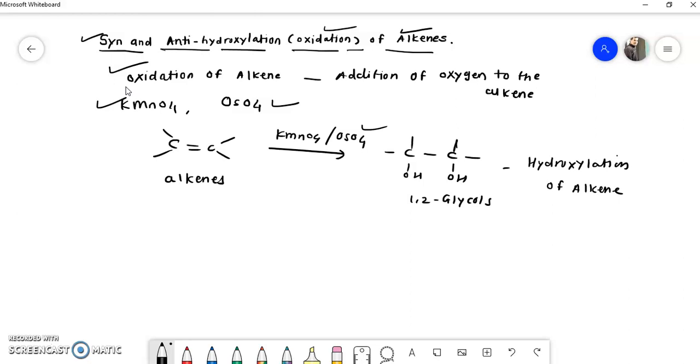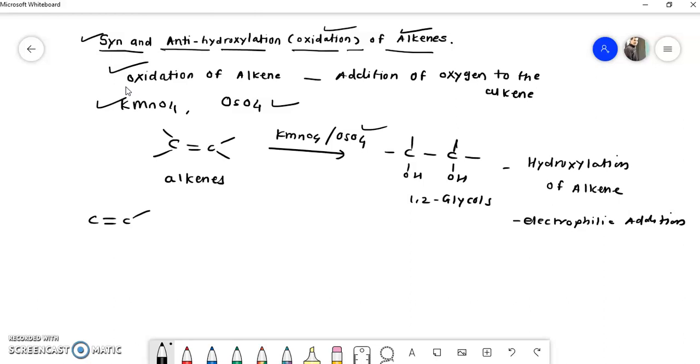This is an electrophilic addition reaction. Remember, this is an electrophilic addition reaction. These hydroxy groups are added across the double bond, the electrophilic center being the metal atom which accepts the electron and gets reduced. Now how this reaction is carried out in presence of KMnO4, that I will explain.